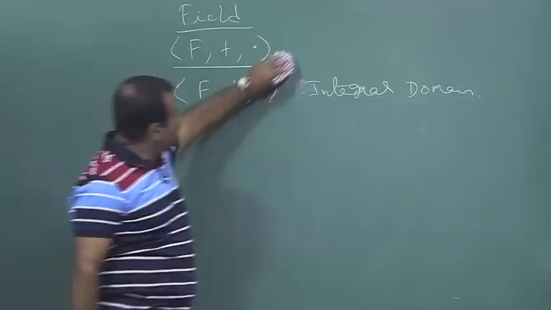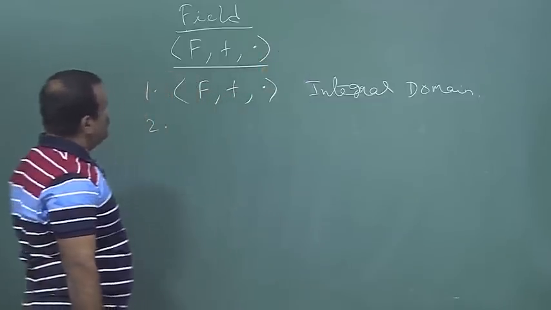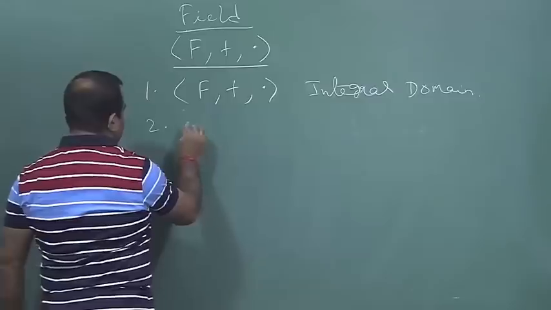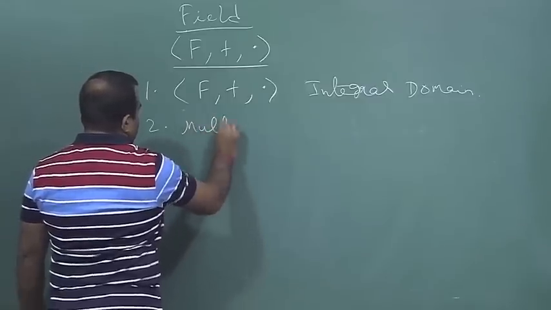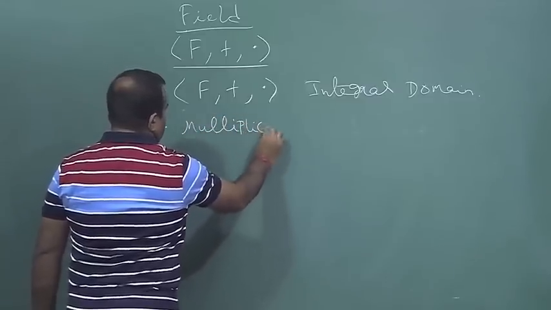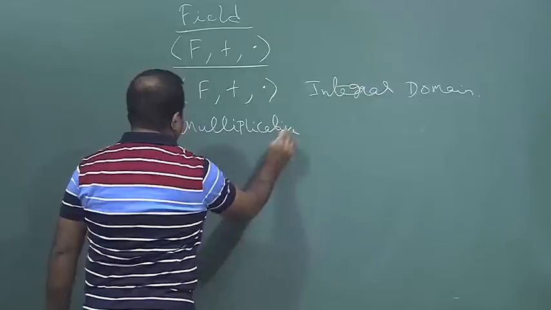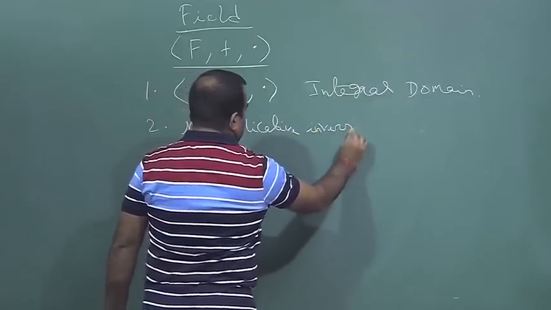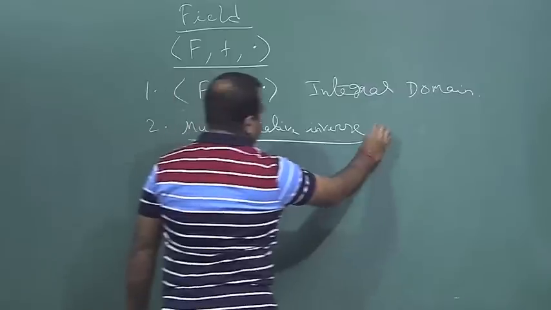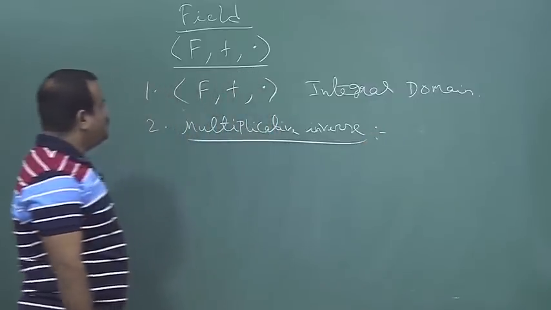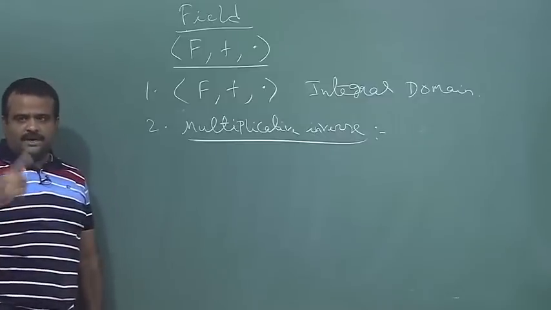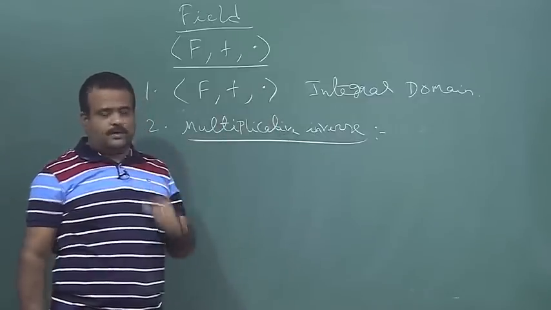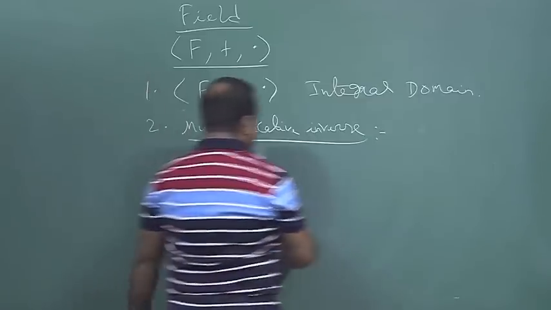So, that means the existence of a multiplicative inverse. Every element should have a multiplicative inverse, that means every element should have an inverse under this dot operation.